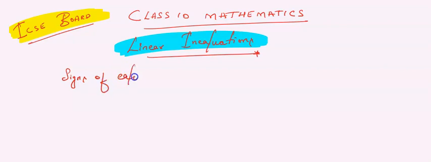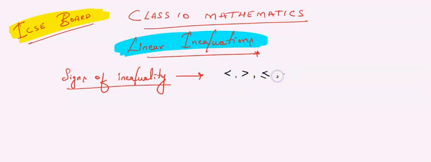Please copy down the notes along with the explanation. In an inequation, if you see the signs less than, greater than, less than or equal to, or greater than or equal to, these signs we call signs of inequality.